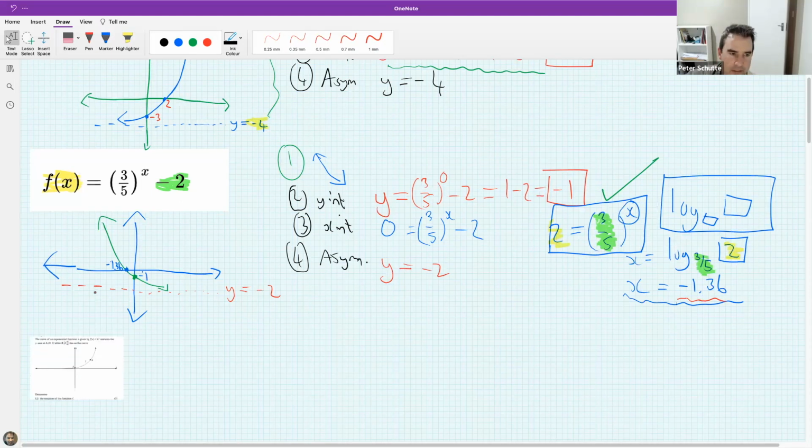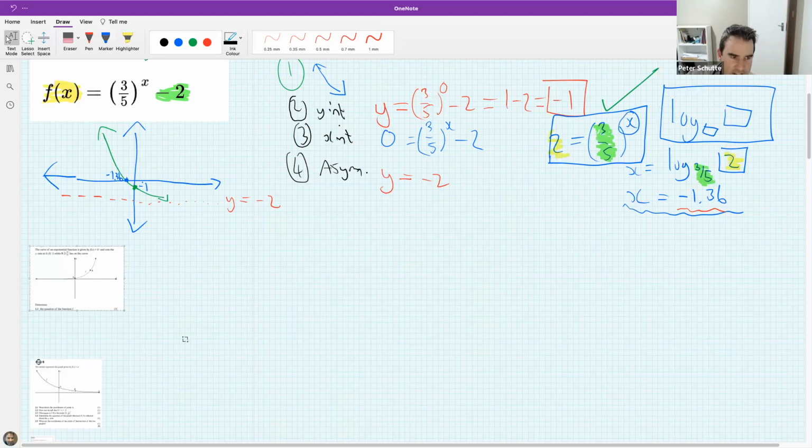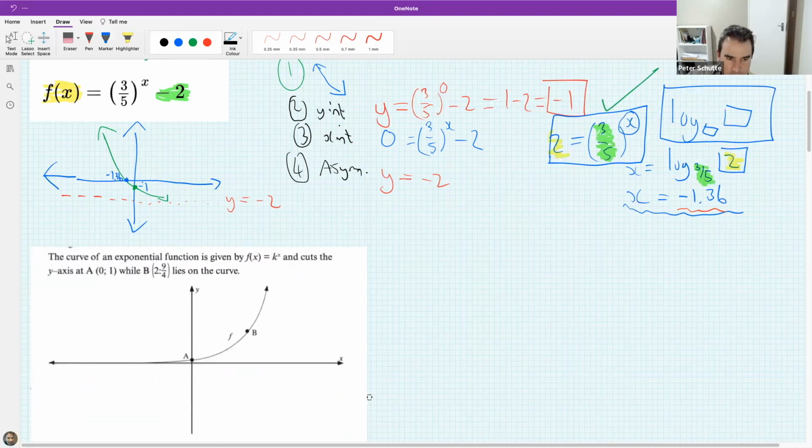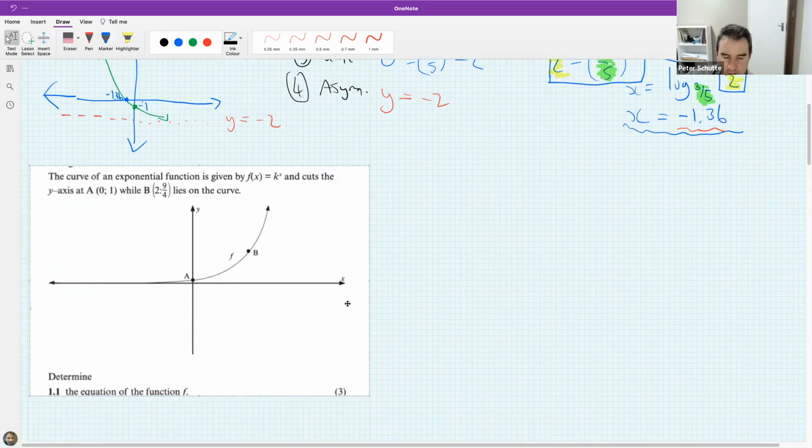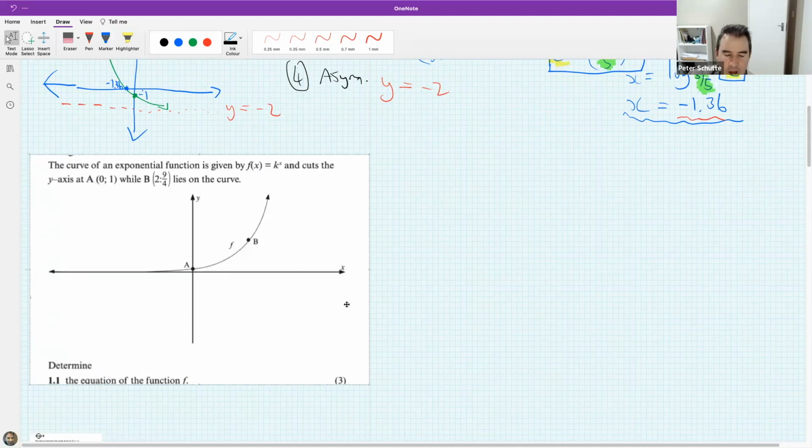Okay, now, that was the first part of the lesson. Here is the second part of the lesson. The second part of the lesson says, I want to find the equation of a parabola. I'm going to give you a parabola. In this case, the algebra says the following. It says f of x equals k to the x.